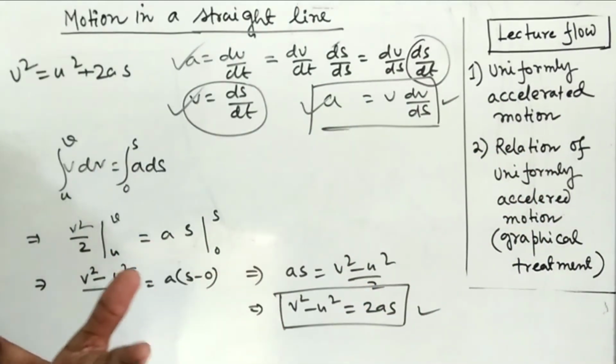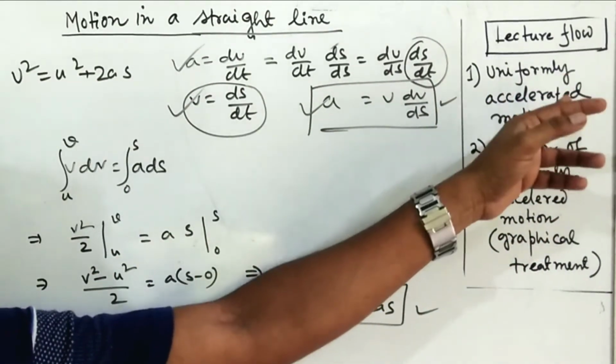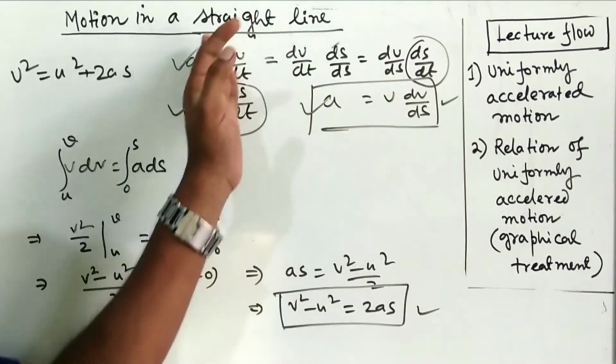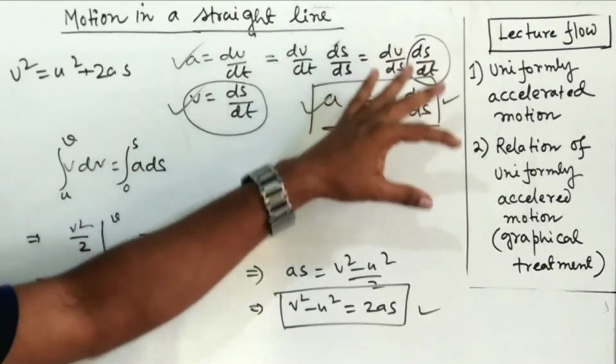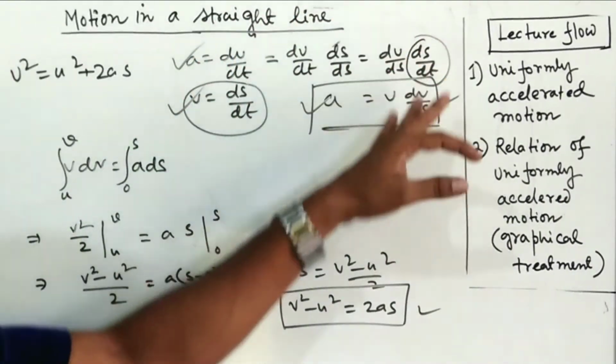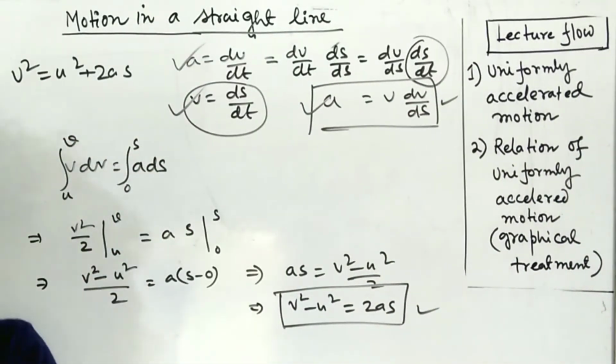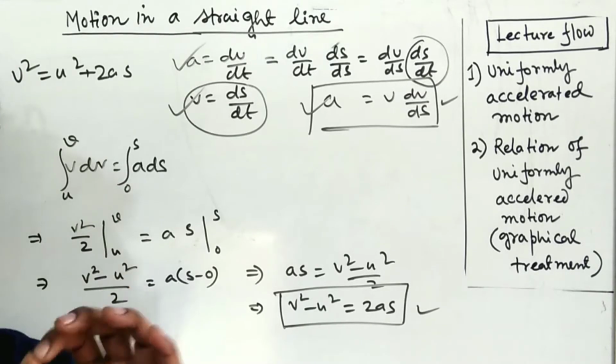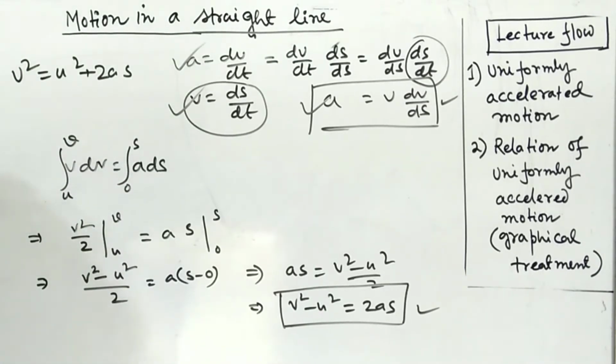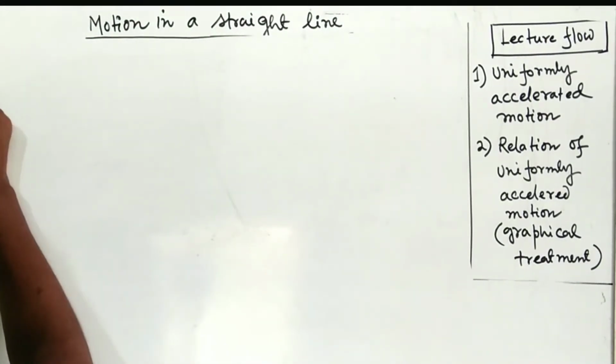For other motions, we can use the formula a is equal to dv by dt. These formulas are applicable for all types of motion. But v is equal to u plus at, the formula we have deduced here, only applies to uniformly accelerated motion. So keep it in mind. Now for the graphical method.